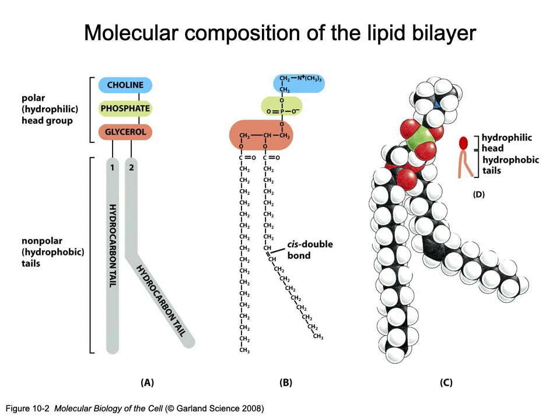So if we look at the basic molecular composition of the lipid bilayer, looking at these phospholipids, what we would notice is that on the polar head, the hydrophilic region, we're going to have three pieces that are coming together. So we have what's in the blue, the choline, which is specific to phosphatidylcholine, but there are different types of phospholipids.